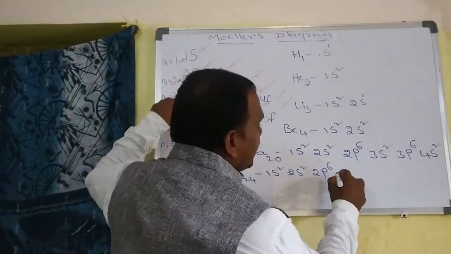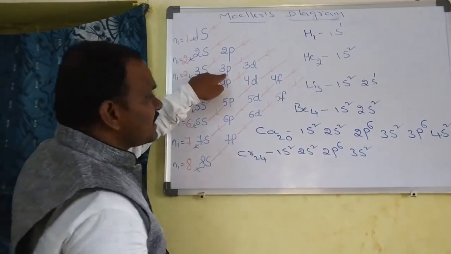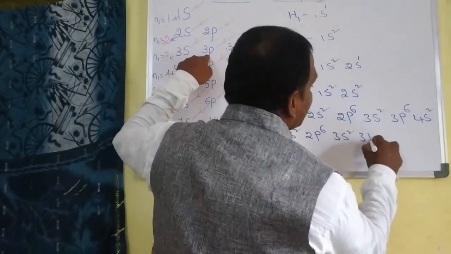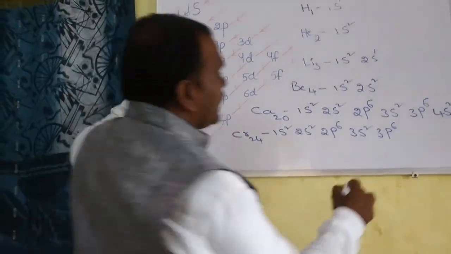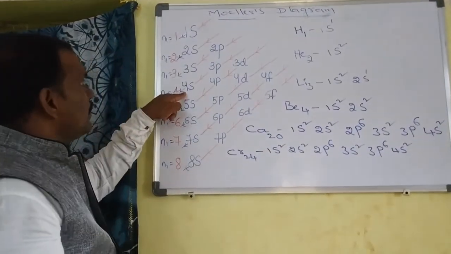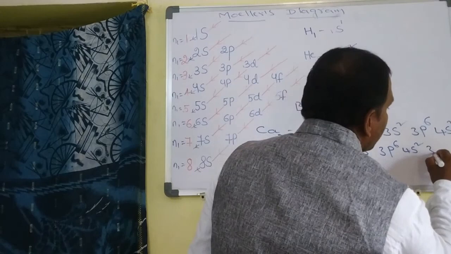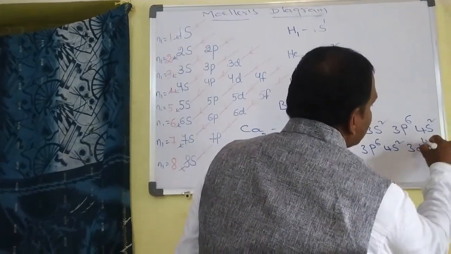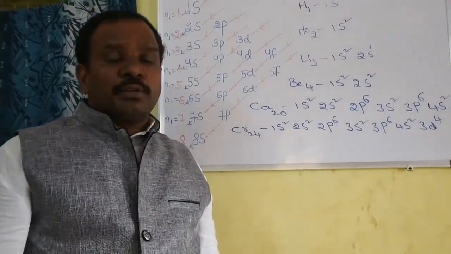Next 3s orbital, so 3s2. Next 3p, so I write 3p6. Next the electrons are entering 4s2. Next the electrons are entering 3d. I write 3d4. This is the electronic configuration of chromium.